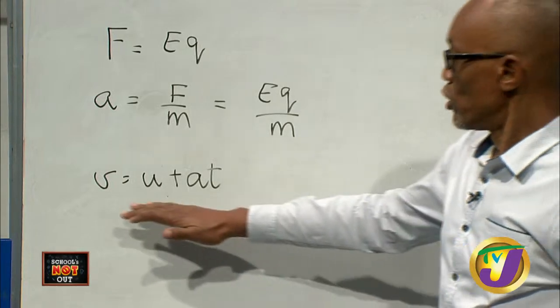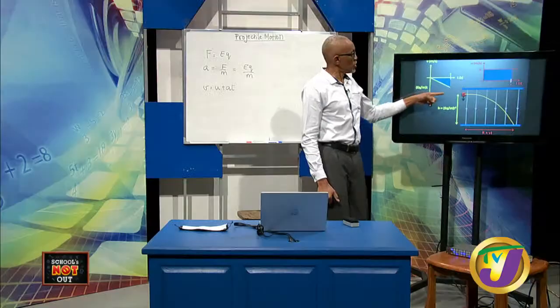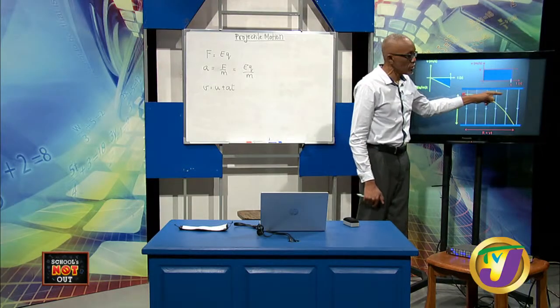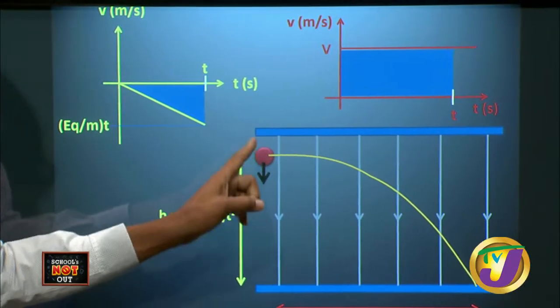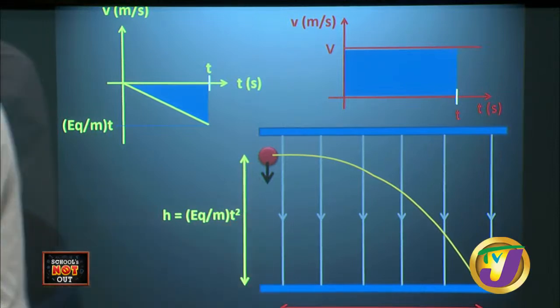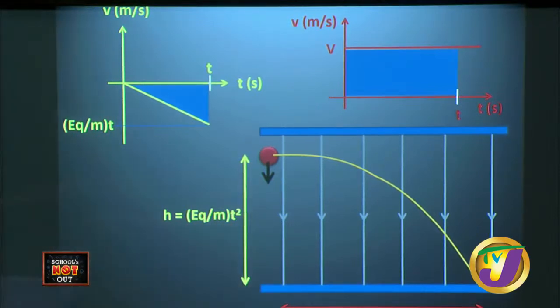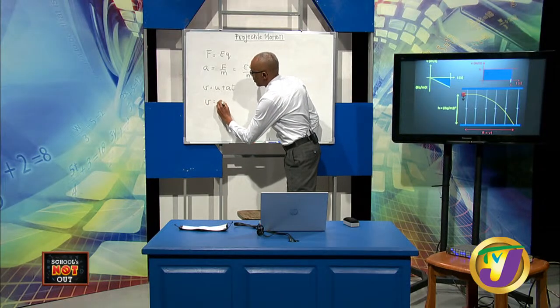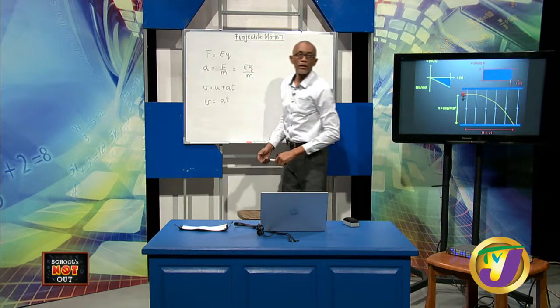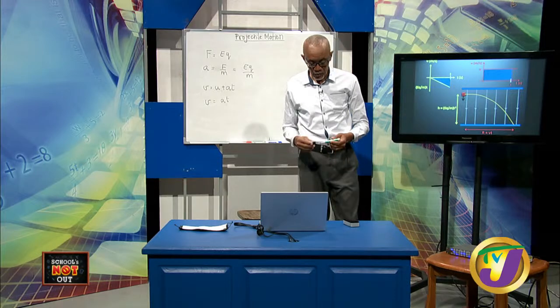Since this particle is projected horizontally initially, it has no initial vertical component, so vertically u would be 0. And so vertically we will have that v is equal to a times t. All right.